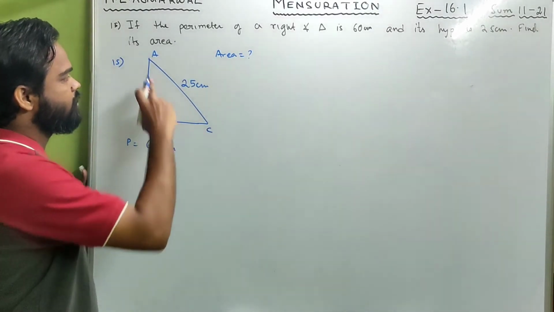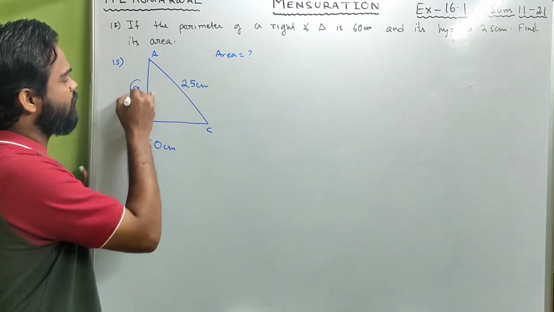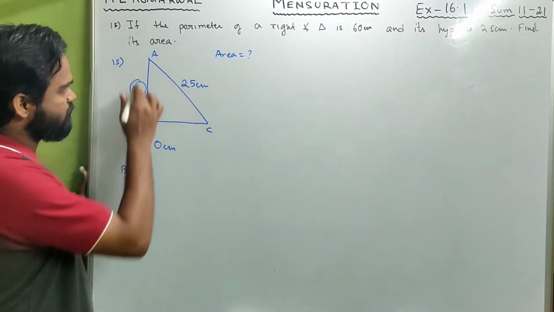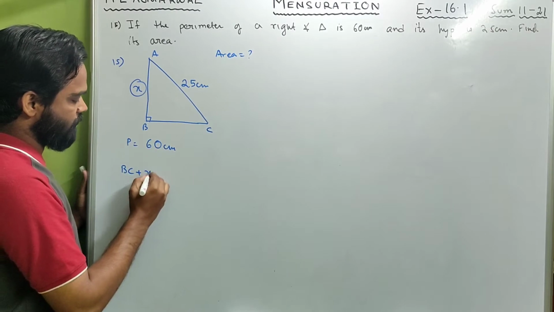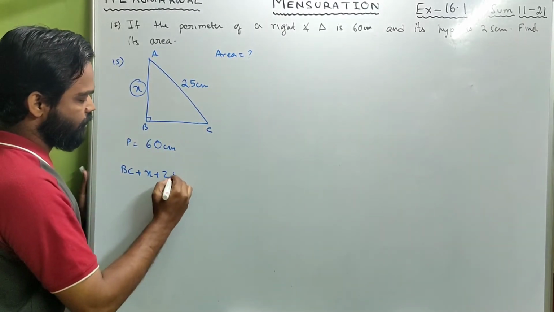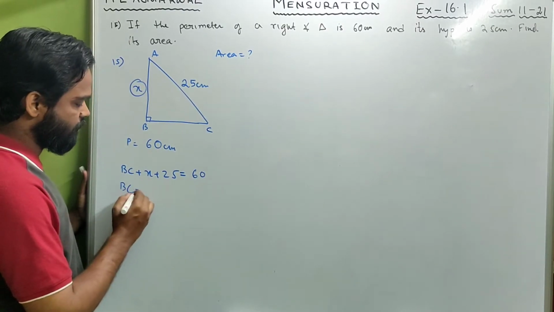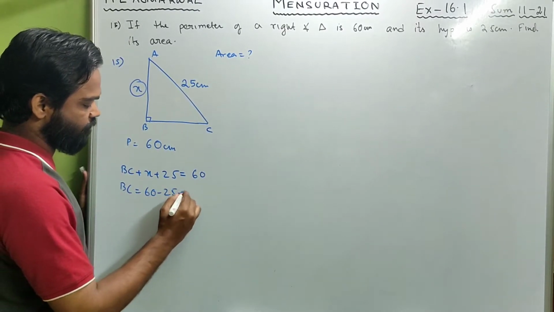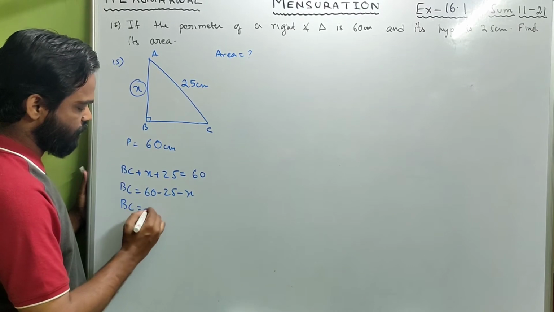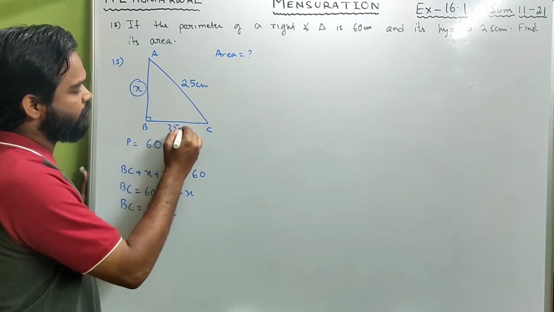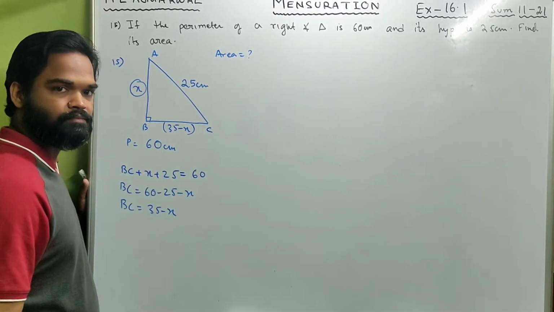Suppose I take AB as x. Now AB, that is x, plus BC plus 25 will give you the perimeter, that's 60, which means BC will be nothing but 60 minus 25 minus x. So BC will be 35 minus x, isn't it?